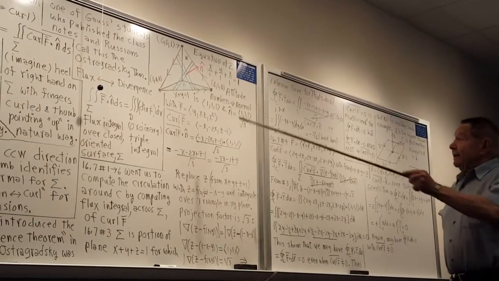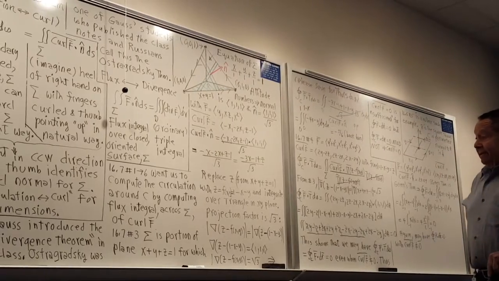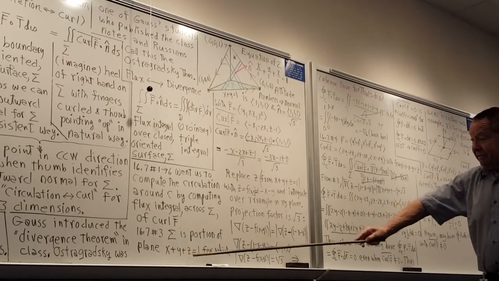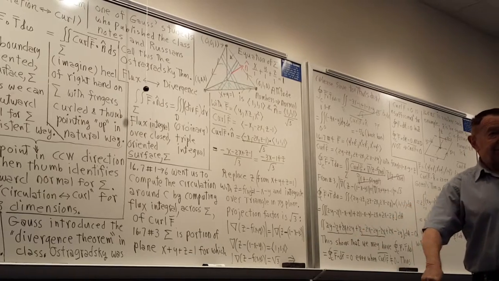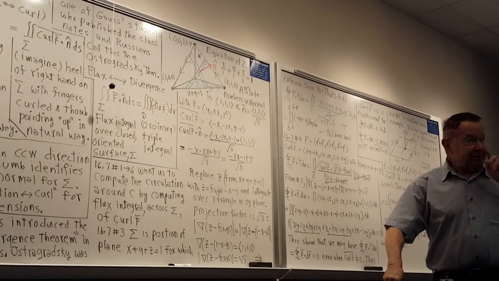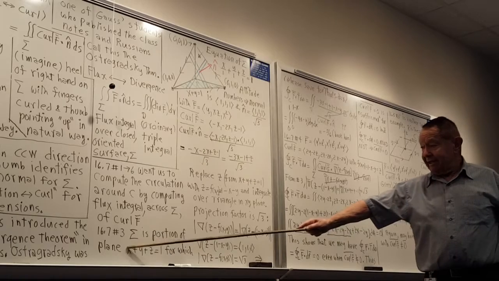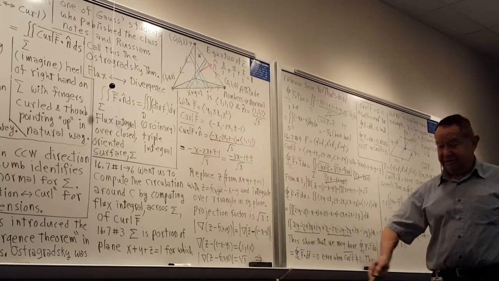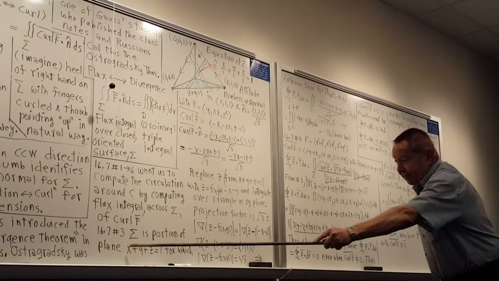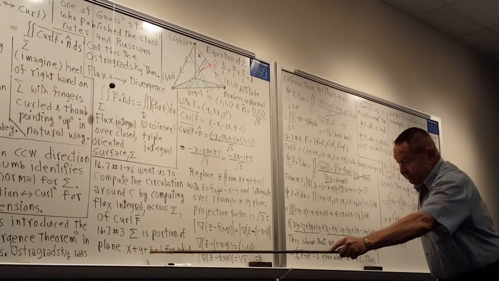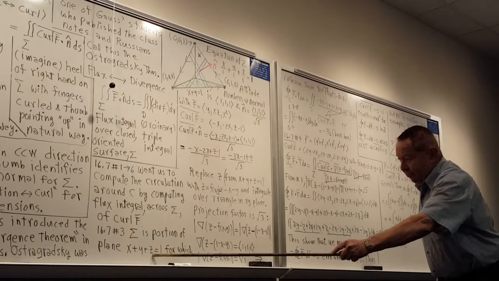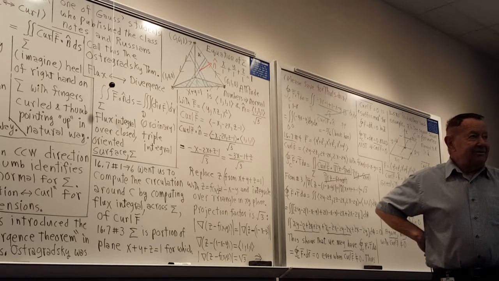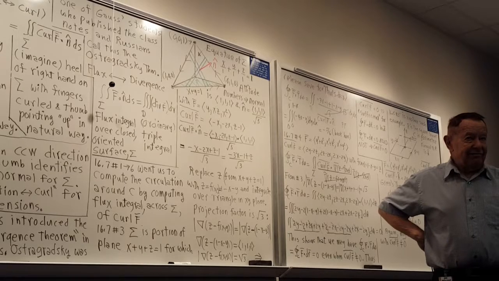So to get the normal, if you have the equation of a plane, remember you go back to chapter 12. If you have the equation of a plane, something x, something y, something z equals a constant, then the coefficients, 1 in this case, are what we call the attitude numbers, chapter 12.